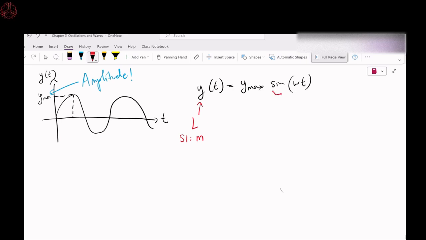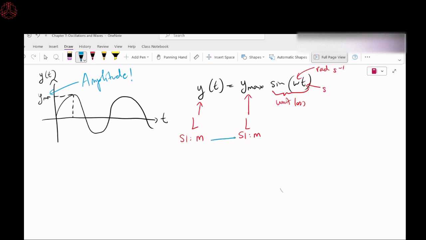Whereas this part, the trigonometric function, should be unitless. Omega, however, of course, will be in radians per second. t will be in seconds. But that also means that my y max, my maximum displacement, will also have dimensions of length and SI unit of meters.